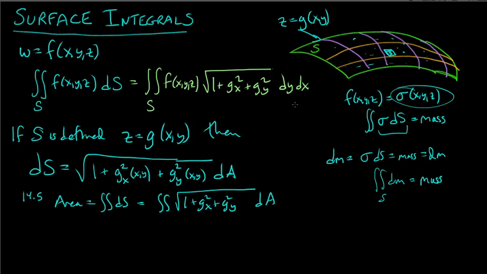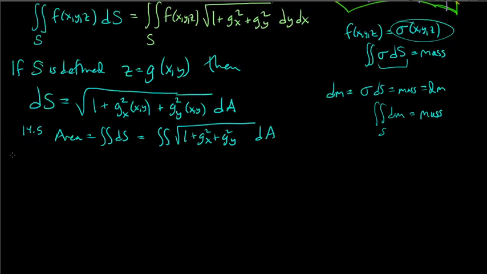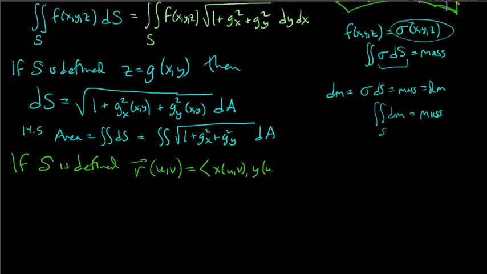Okay. All right. But what if your surface is given parametrically? Suppose S is defined parametrically, right? r as a function of u and v is just the usual: x of u and v, y of u and v, and z also a function of u and v.